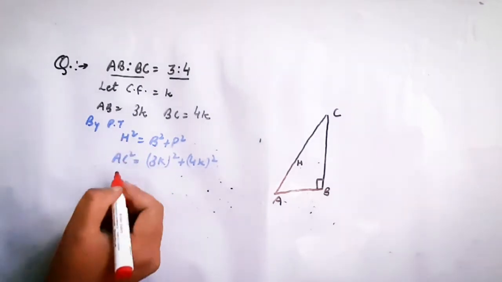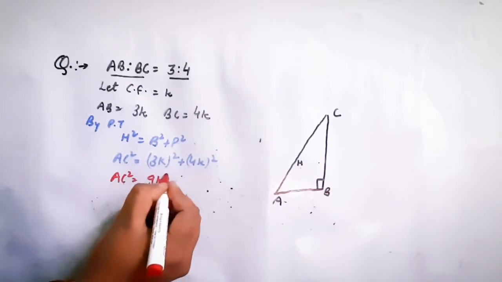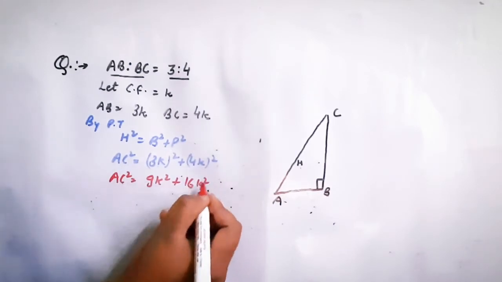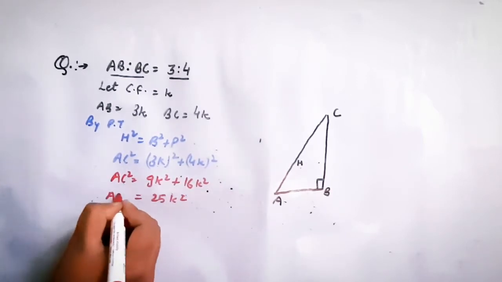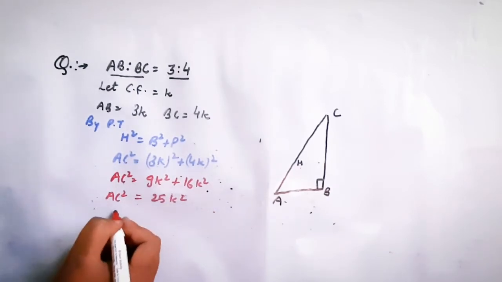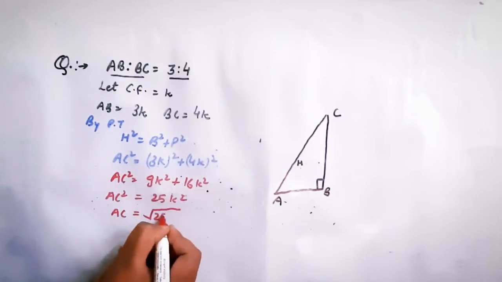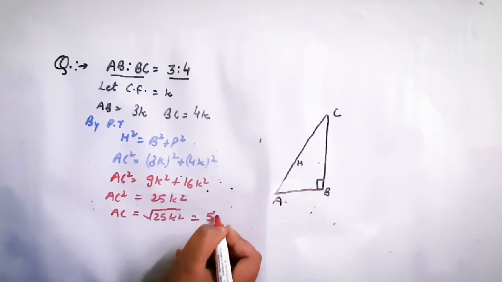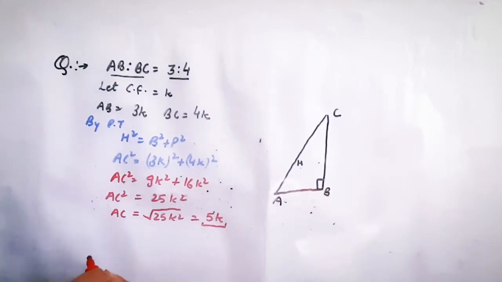AC square will be 3 3s are 9k square plus 4 4s are 16k square, which equals 25k square. Means AC square equals 25k square and AC will be equal to the square root of 25k square. The square root of 25 is 5 and the square root of k square is k. So this will be 5k.